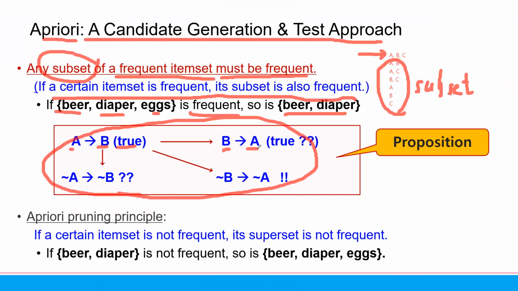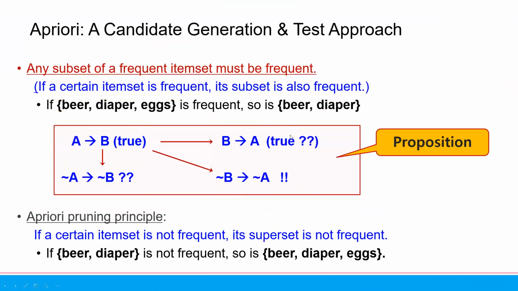Negation of B implies negation of A is true. So based on De Morgan's law, if A implies B is true, then this proposition is true.